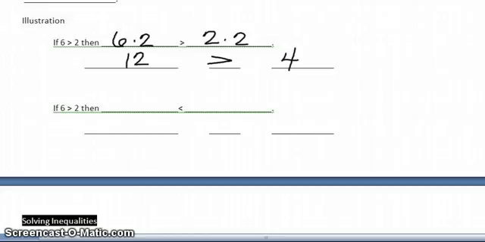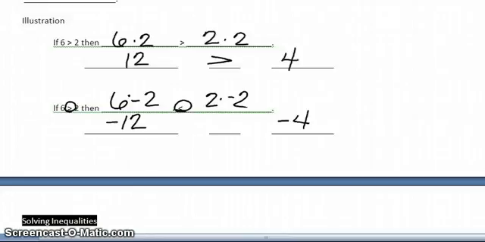Now, I have 6 is greater than 2, and according to the example above, I need to flip that sign if I multiply by a negative: 6 times negative 2 and 2 times negative 2. So I went from greater than to less than. Let's look at the numbers and see if that holds true. 6 times negative 2 is negative 12, and 2 times negative 2 is negative 4. So instead of keeping the greater than sign, we do need to change that to a less than sign because negative 12 is less than negative 4.